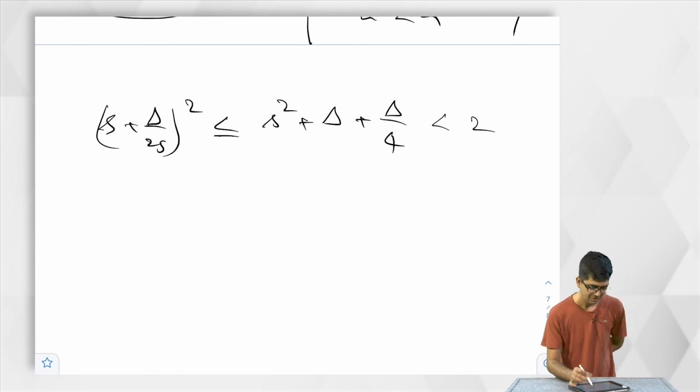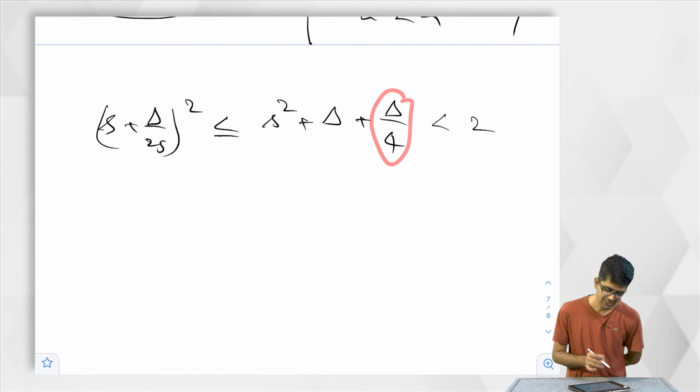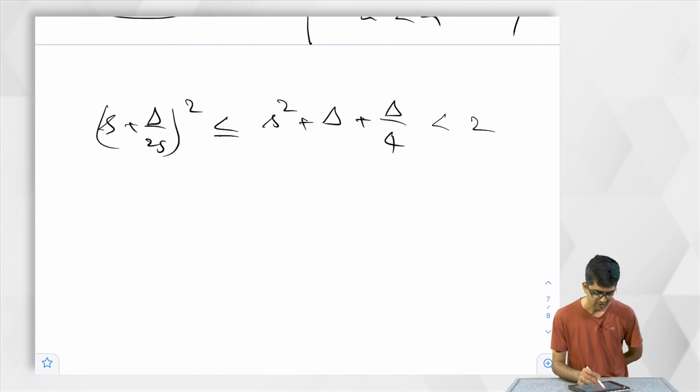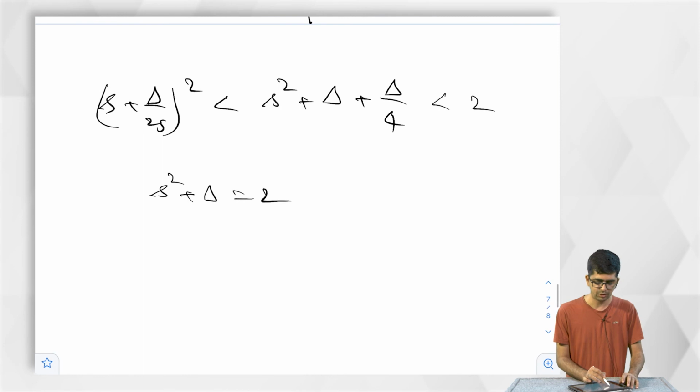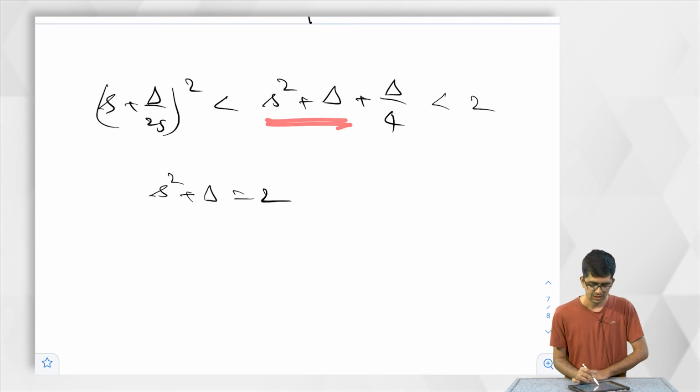You see, maybe if delta by 4 is not there, that would still be fine for us, because what is s square plus delta? This is simply 2, right? At some place we have written inequality here, so we can get rid of this actually. So if we can get rid of this delta by 4, we will simply have s square plus delta, that is 2.